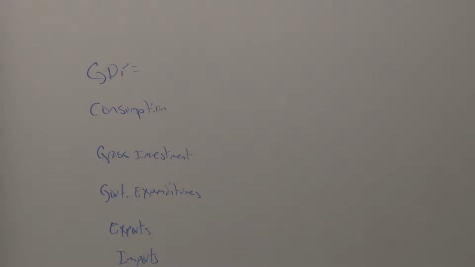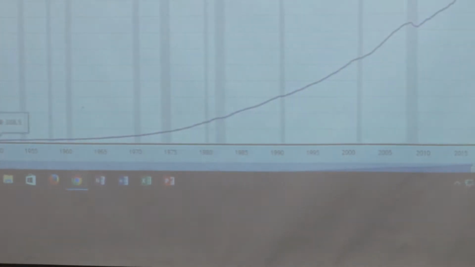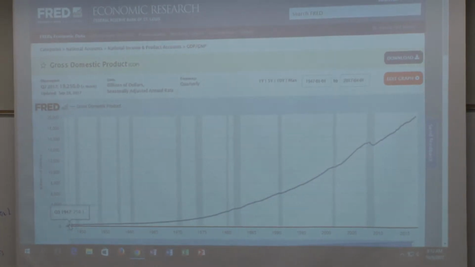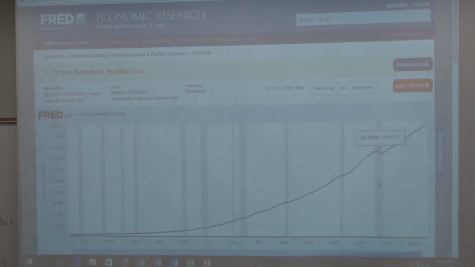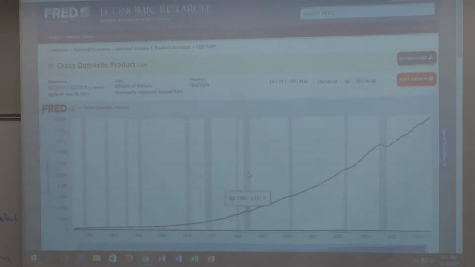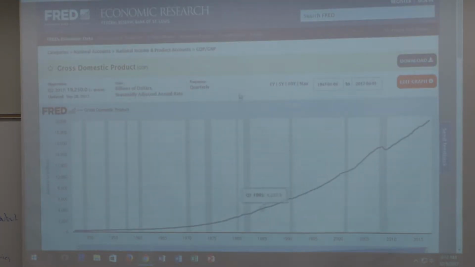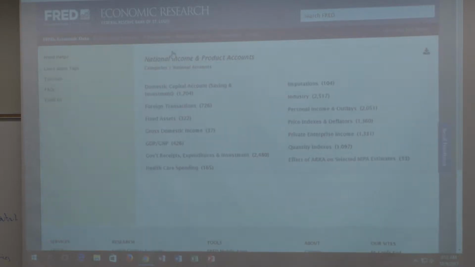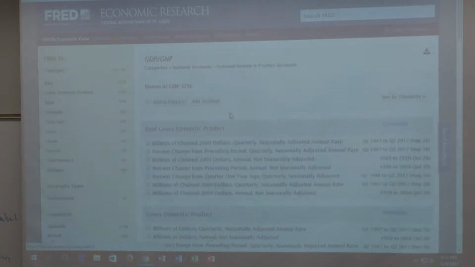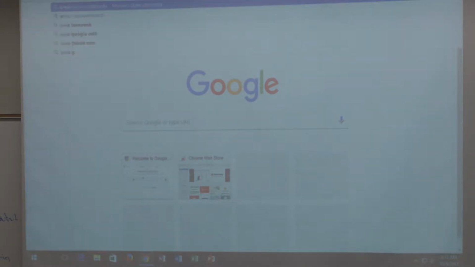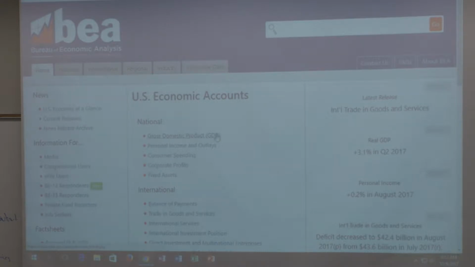All right. And so we can kind of see what a lot of this looks like. For example, here is our GDP from the third quarter of 1947 all the way up until today. These shaded areas right here are recessions. We can look at this in a couple of different ways. BEA data is better for this. Let's look at these different components here.